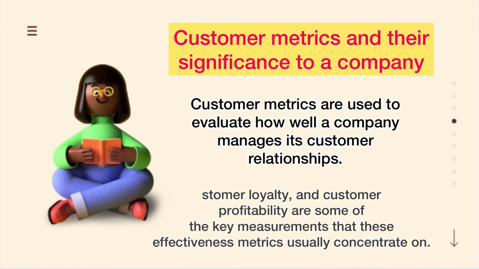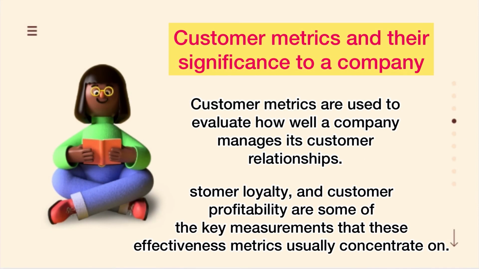And lastly, customer metrics and their significance to a company. Customer metrics are used to evaluate how well a company manages its customer relationships. And customer loyalty and customer profitability are some of the key measurements that these metrics usually concentrate on.